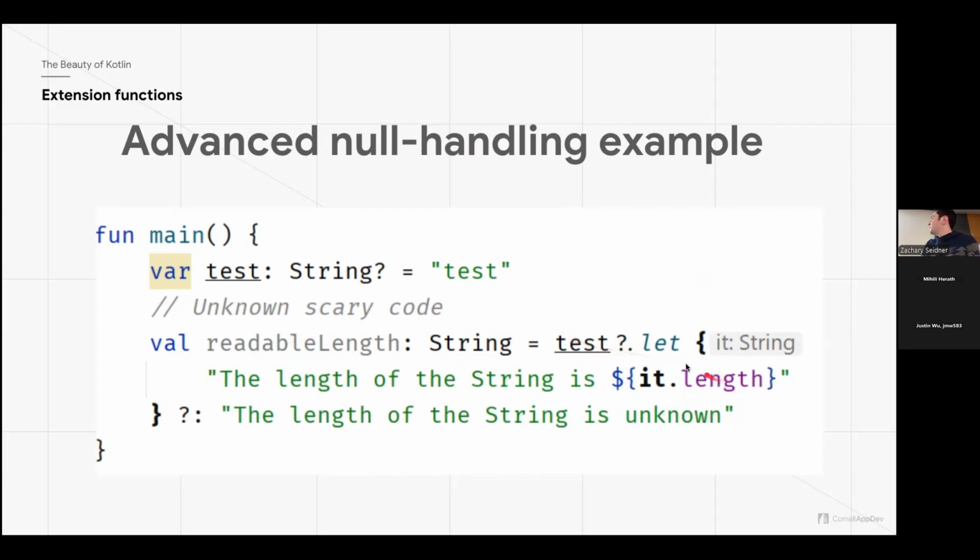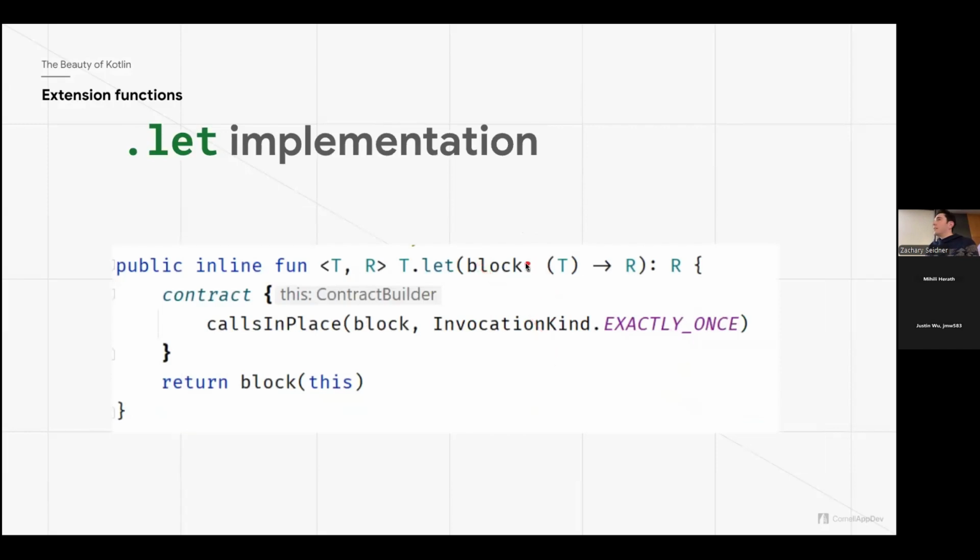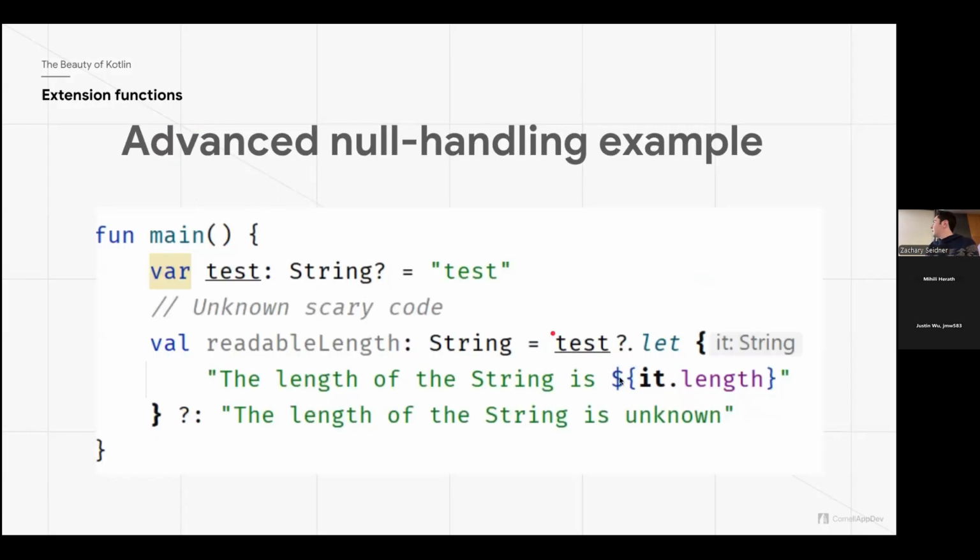Yeah. So Kotlin will, because we're using test right here, and then we have question mark dot let, Kotlin knows that we're going to call it on this test variable. And if we look back, this is the parameter of the function.